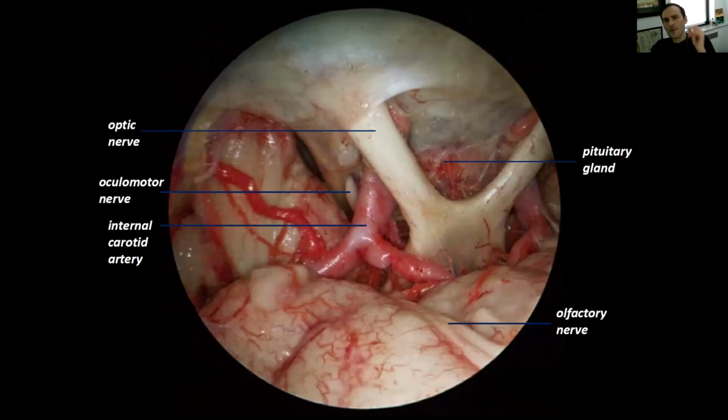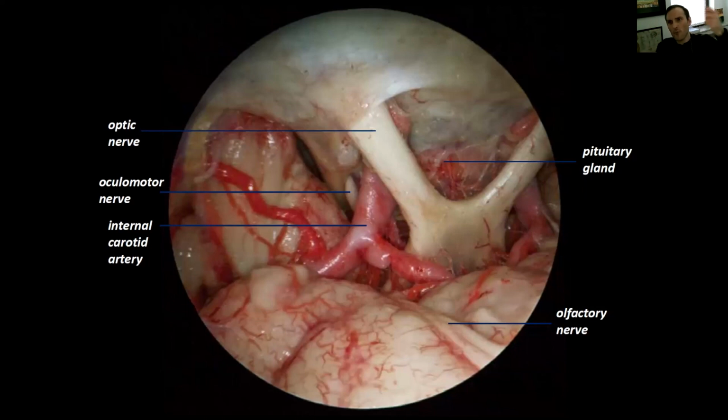Now, the hard part about using the endoscope in these approaches is that I typically lose the ability of bimanual dissection, meaning that when I have the microscope in place, I can use both hands to resect a tumor or to clip an aneurysm or do the surgery. When I have an endoscope in, it's hard to have two hands down inside working.